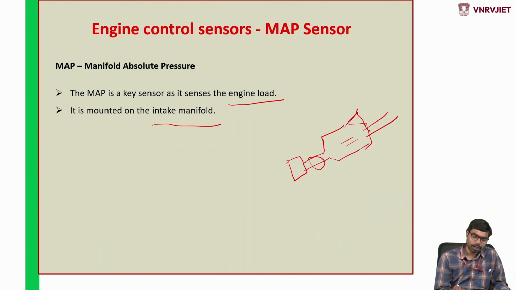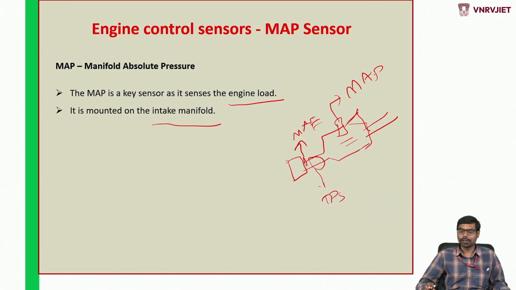Here we have the throttle position sensor and the MAF sensor. The MAP, manifold absolute pressure sensor, is after these two sensors, MAF and TPS, mounted on the intake manifold.